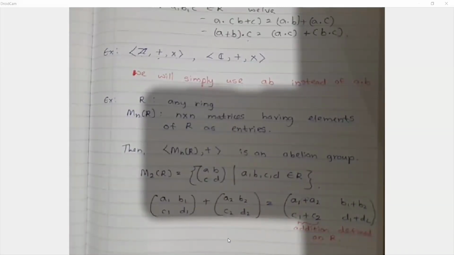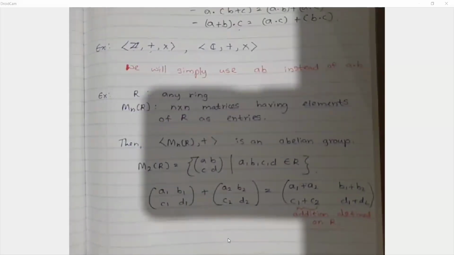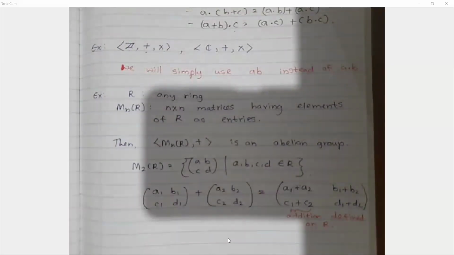Once you commute these two elements and separate it into two matrices, you will see that you have commuted these two. So work it out on your own. We see that this is an abelian group, right?